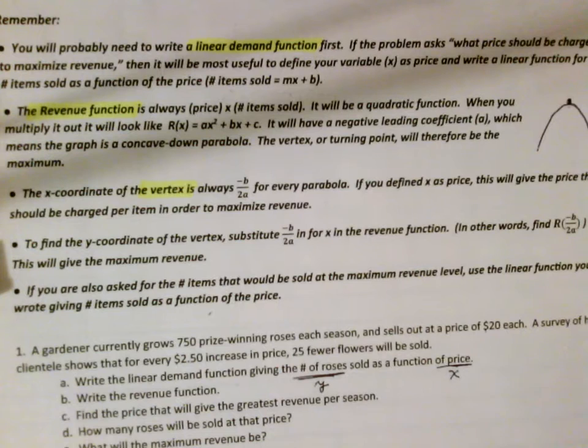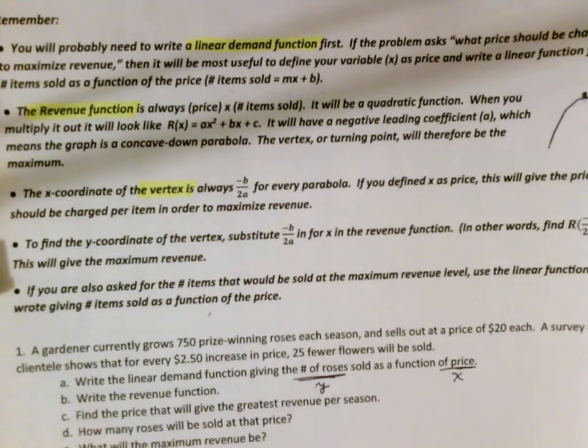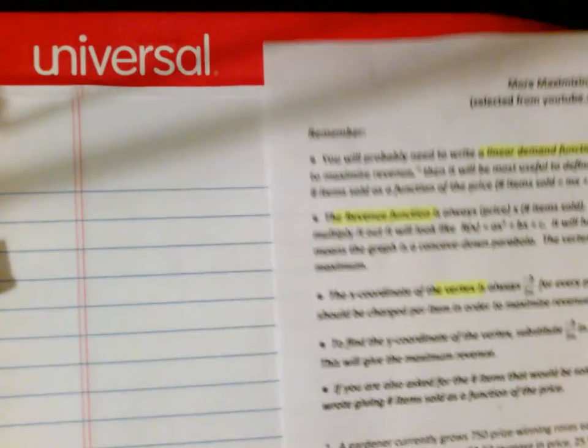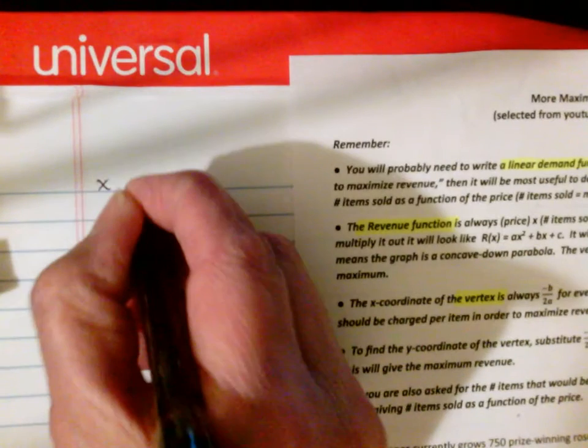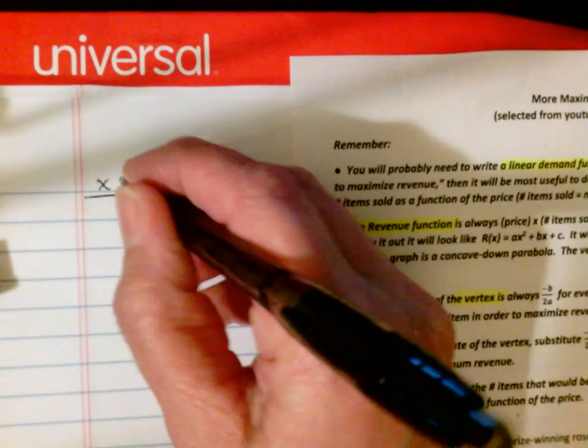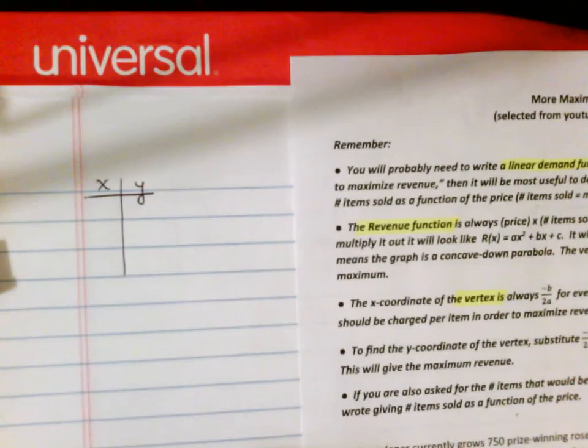Okay, so let's start a little T-chart. I'm going to move this off to the side so I can start doing some work here. I'm going to write down the given information and use it to help me write a linear function here.